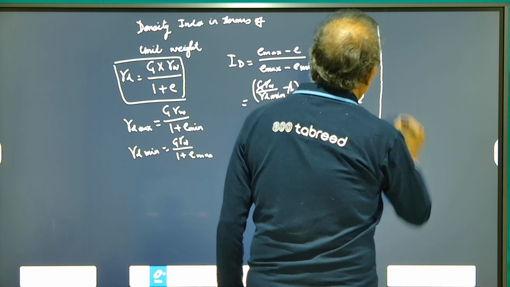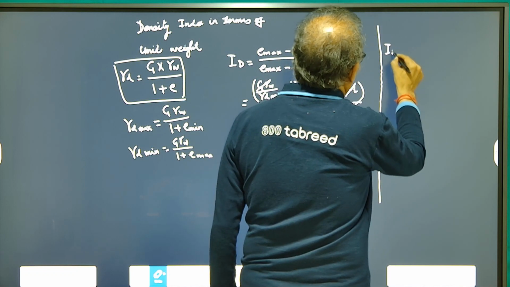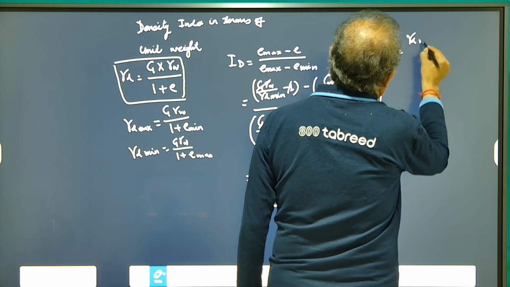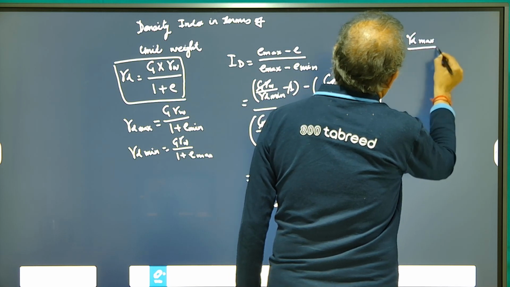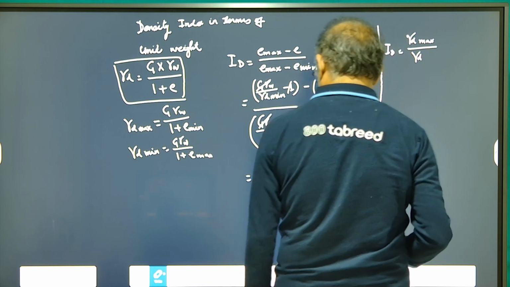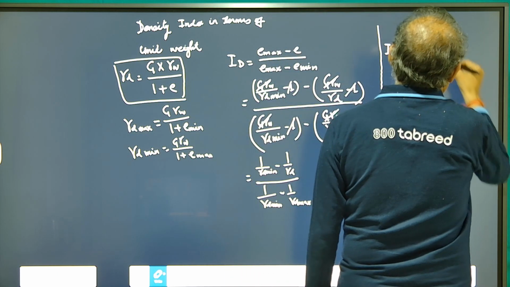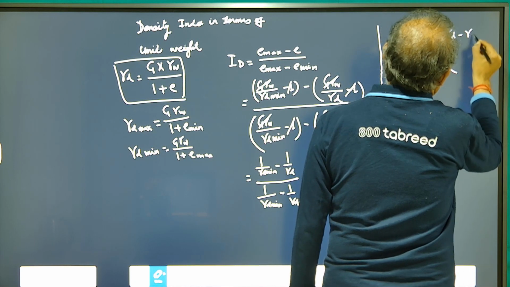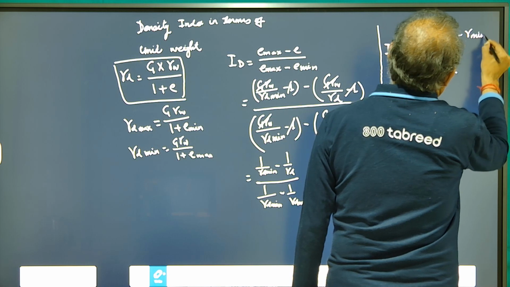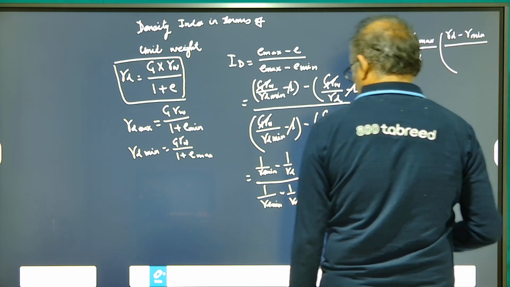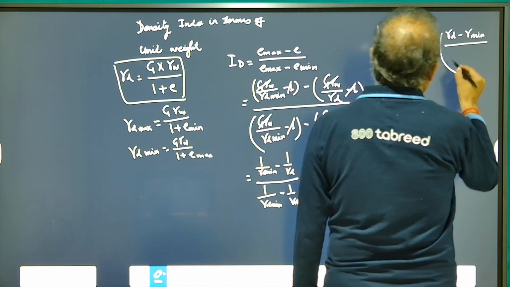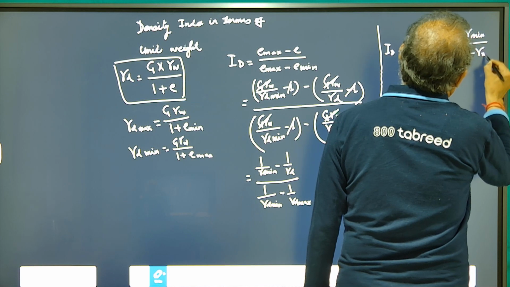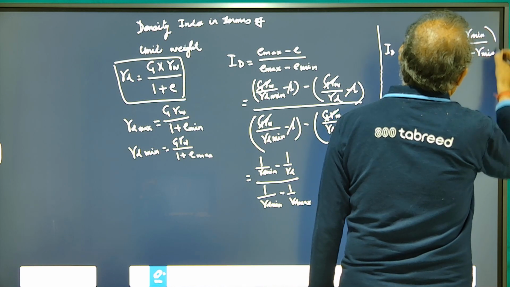we get ID equal to gamma D max upon gamma D, into gamma D minus gamma D minimum, divided by gamma D maximum minus gamma D minimum.